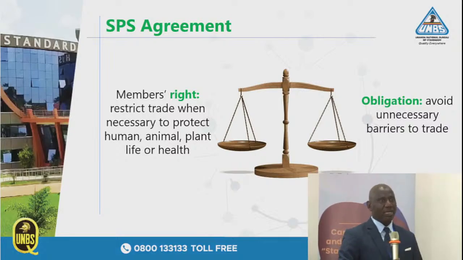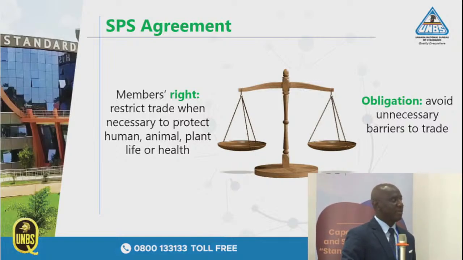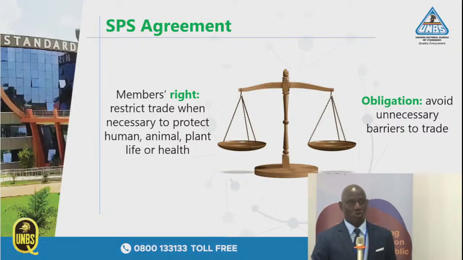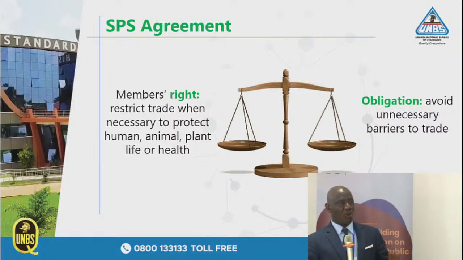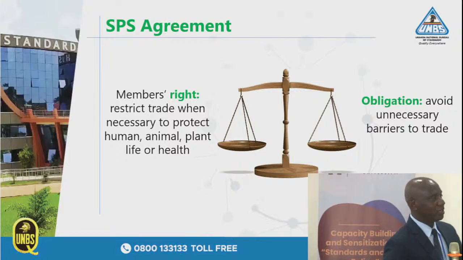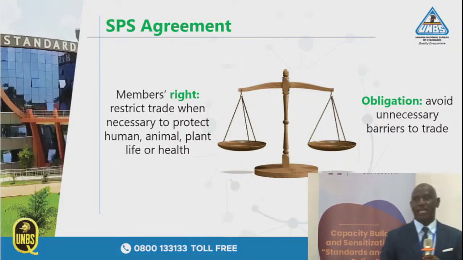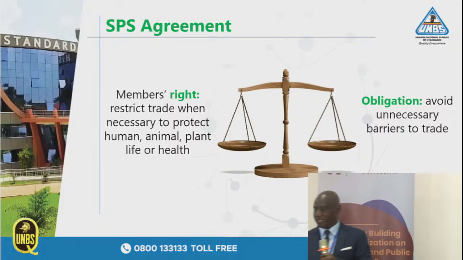But at the same time, the members have an obligation to avoid creating unnecessary obstacles to global trade. On one end, they have the sovereign right to put in place SPS measures, but the measures should not be so stringent that they create barriers to trade of other members.